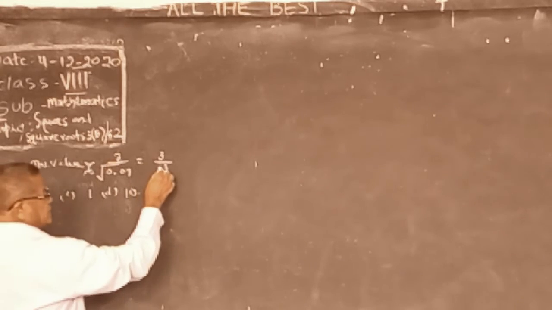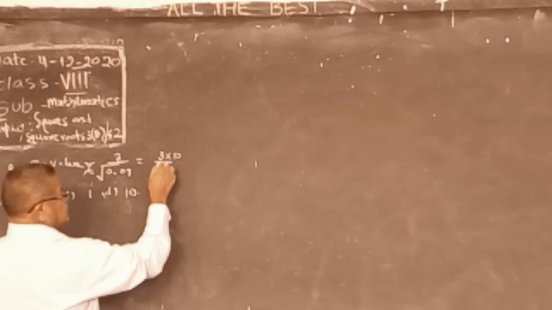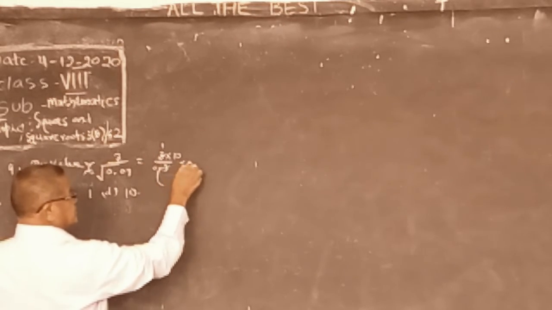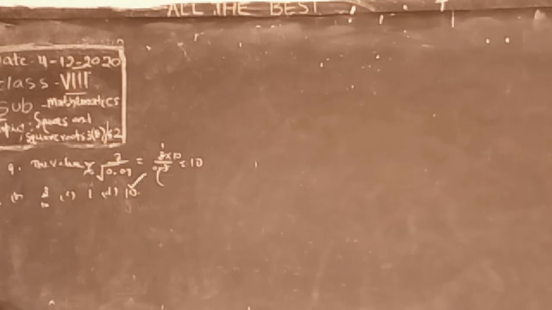We can remove this decimal and put 10 in the numerator. 3 ones are 3, ones are cancelled, we get answer 10. So the answer is 10. D correct. For 9th, D.